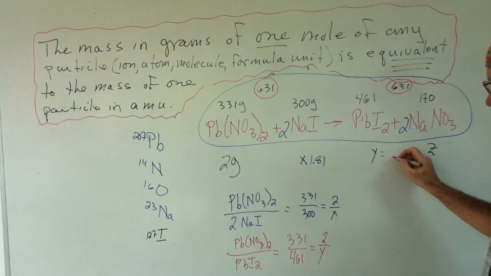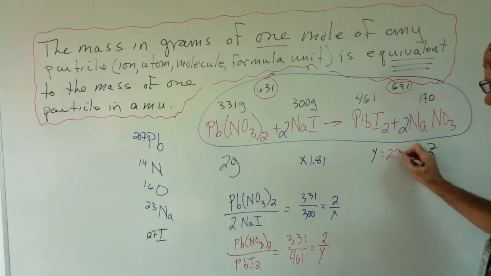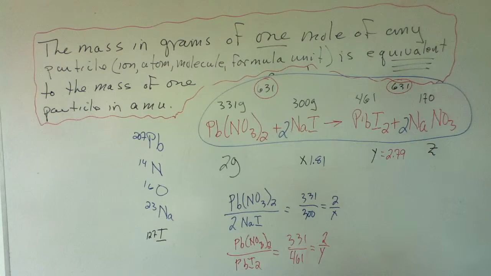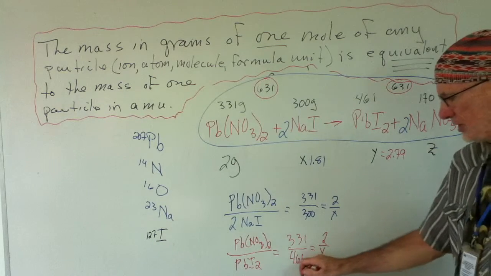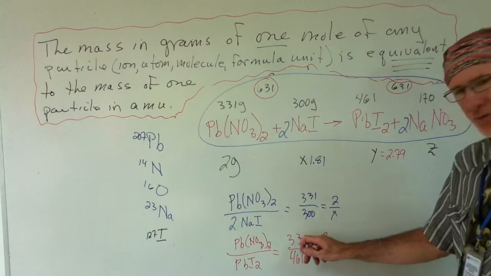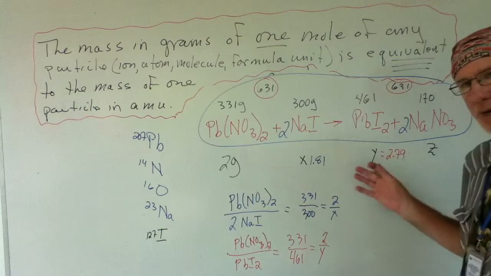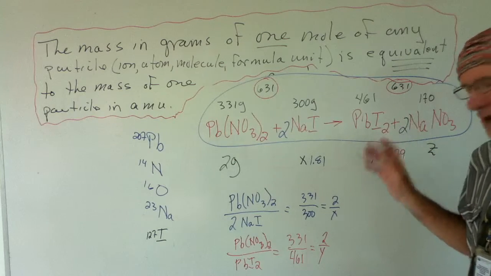So 461 times 2 divided by 331 is 2.79, right? 3 significant figures is fine.